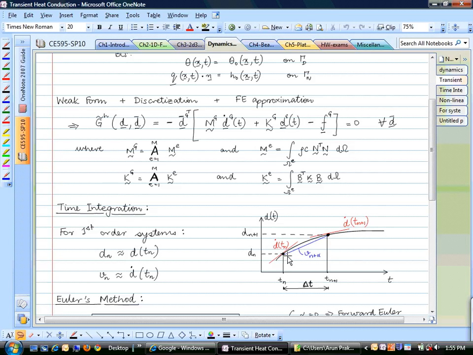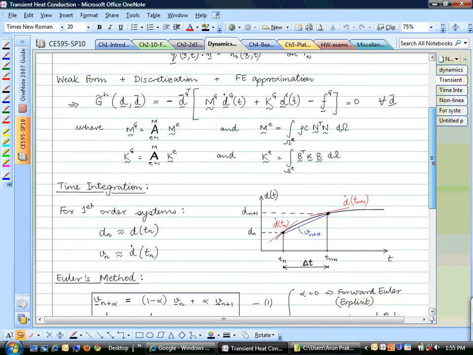So in this case, what I'm showing you with the blue line is some average measure of the rate of change of temperature. If d was displacement, v would be velocity, right? But here d is temperature, so v represents rate of change of temperature. And we are denoting all these quantities at different times with these subscripts. So dn is an approximation for the value at n, vn, and similarly at n plus 1.